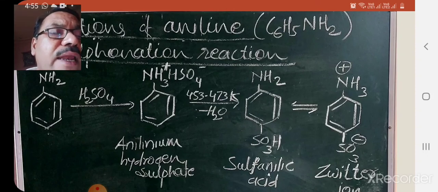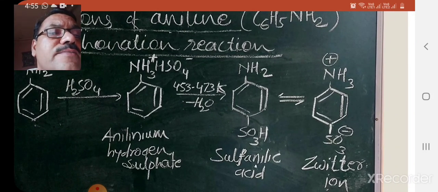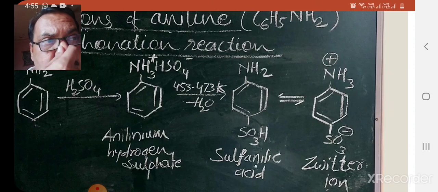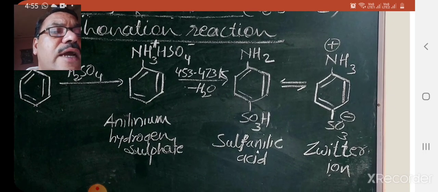But this sulfanilic acid exists as a dipolar ion. Another structure of this sulfanilic acid is a benzene ring with NH3+ charge and SO3-. So the hydrogen gets shifted from SO3H to the NH2 group, and therefore the nitrogen carries a positive charge and oxygen carries a negative charge.